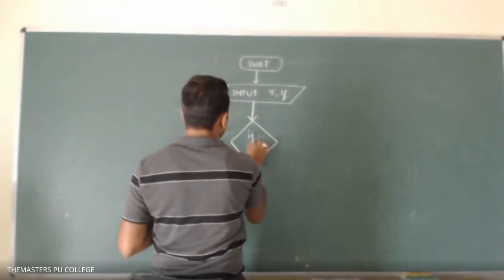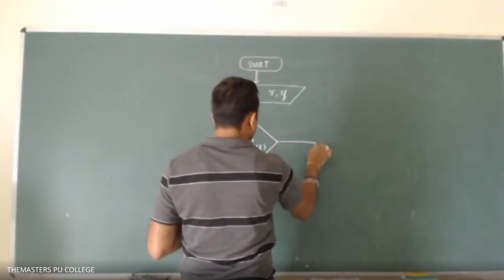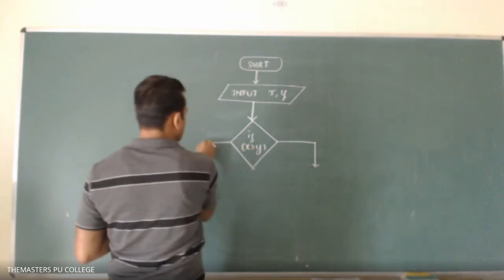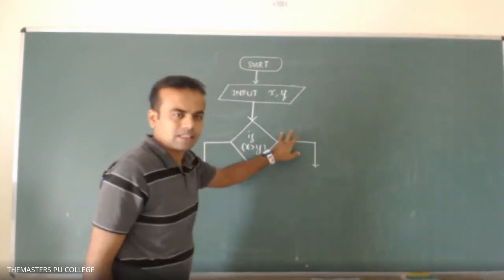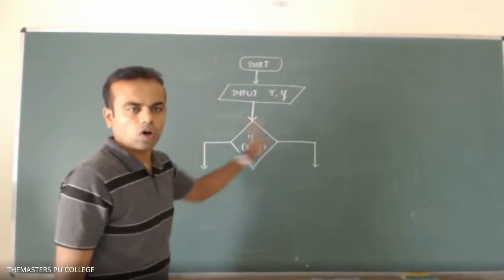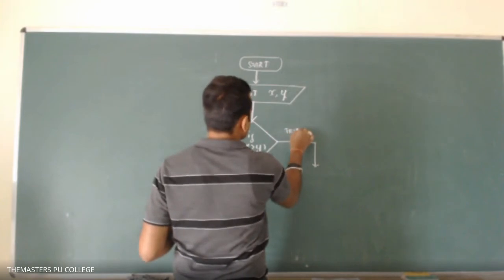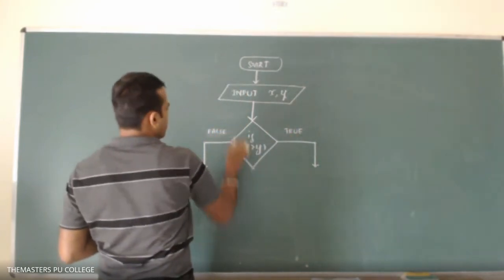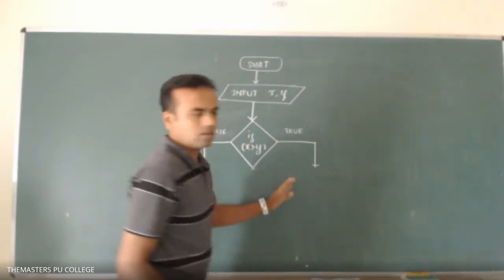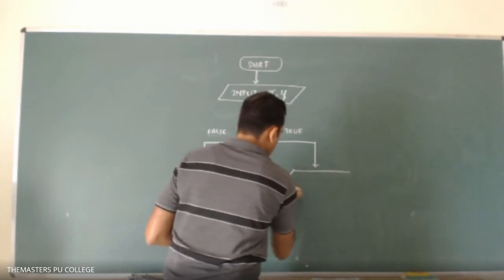If x is greater than y. You can choose either yes or no, or true or false. Write whichever you like. So if it is true, if x is greater than y, then what will be the output?